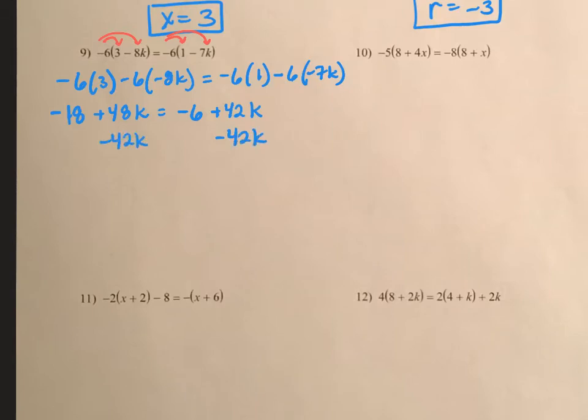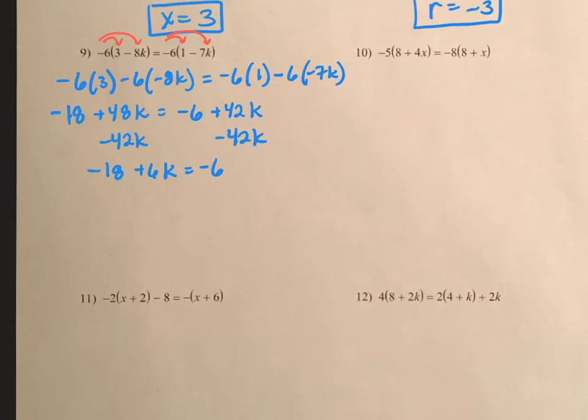On this left side, I have negative 18, 48k minus 42k, so 48 minus 42 is a positive 6k. I've got on the right side negative 6, because my 42k and my minus 42k cancel each other out. Now my next step is to move my constants.